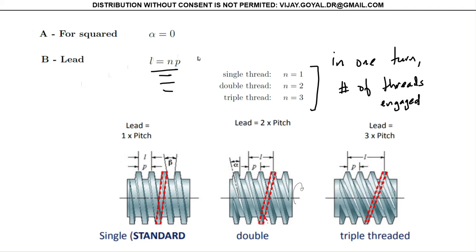Your lead is not equal to P. Many textbooks just say L is equal to P, but they're assuming that N is equal to 1. If it doesn't say that, and you have two times the pitch or 3 times the pitch, then it's called double threaded or triple threaded. In that particular case, you will have those situations here. Okay, so just keep that in mind. This is given from the problem, and this is what you're really interested in.